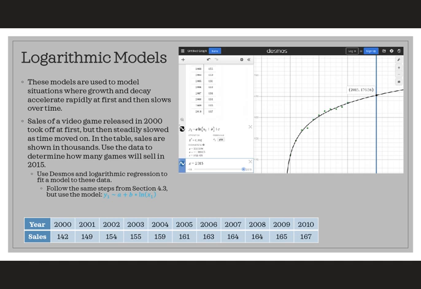Okay. Now, since the last time I made these slides and published them, the model has changed. Every time, and it's only this model, it happens every time Desmos does an update, they change how this one works. Okay, so don't use this logarithmic model in the slides.